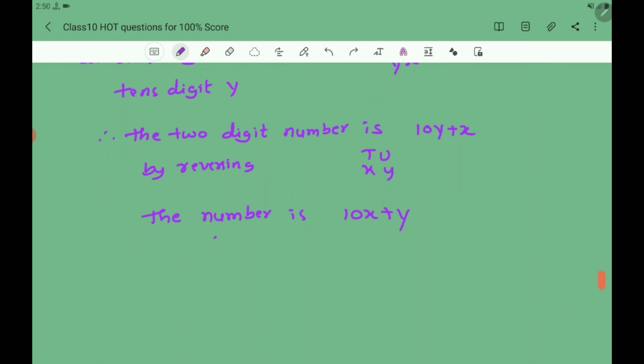So the given relation is 7 times (10y plus x) equals 4 times (10x plus y).